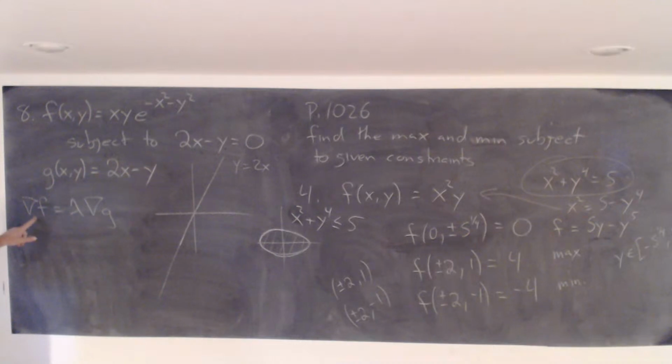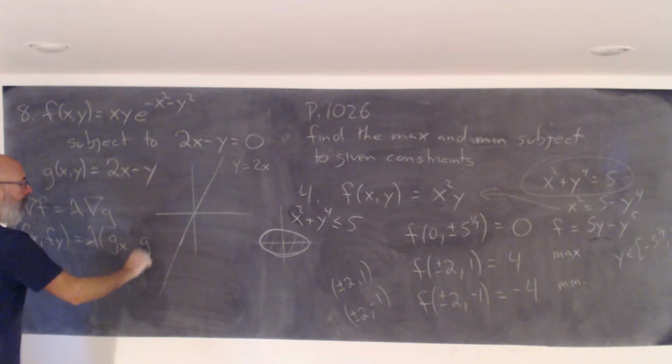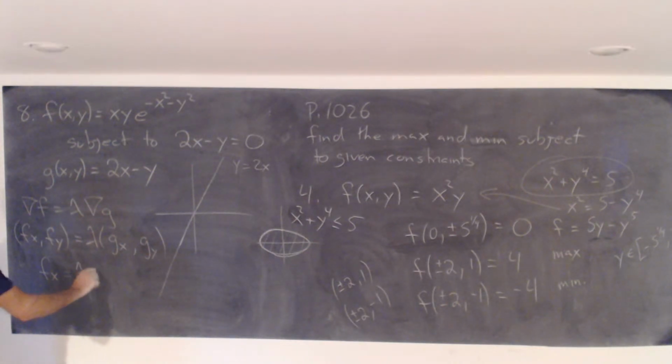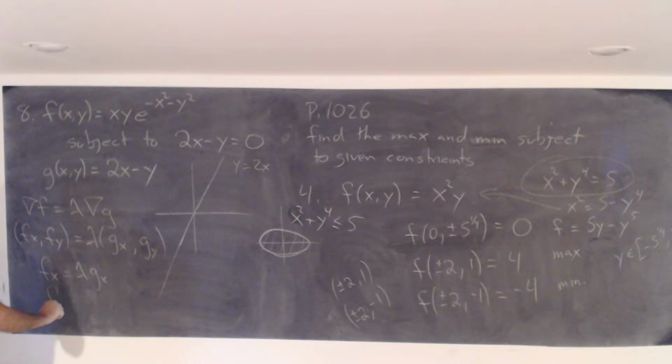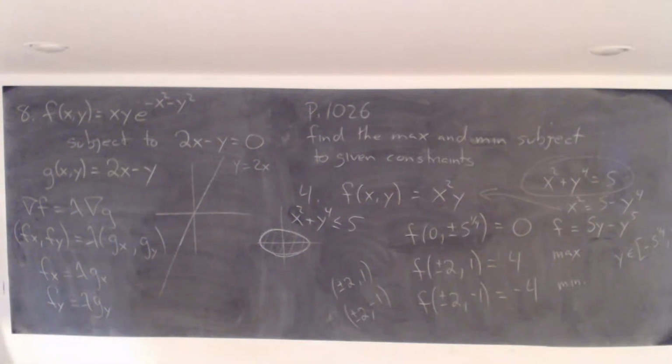This is fx, fy, perhaps an fz. So in other words, this could be rewritten, if you will: fx is lambda gx, fy is lambda gy. Just a different way of rewriting the same thing.